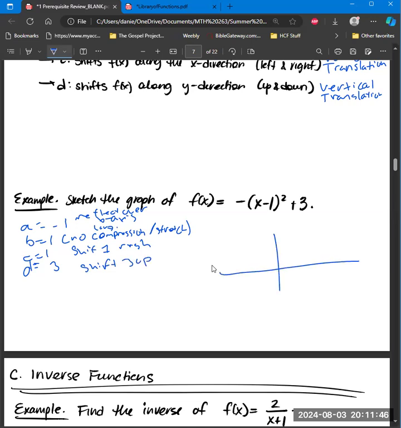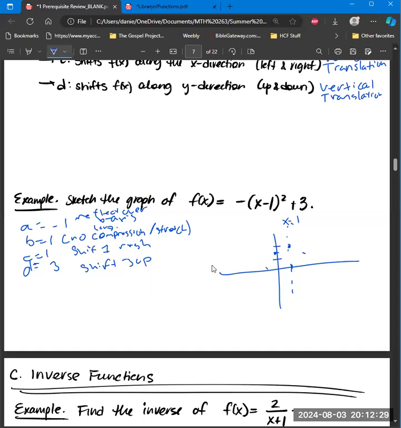Okay, so we take our characteristic points and give a new vertex at 1, 3 there, and where we normally would go 1 right and 1 up to get to the next point, we're going to go 1 right and 1 down because of this negative here. So 1 right, 1 down, 1 left, 1 down, and it's symmetric about this axis of symmetry, x is equal to 1.